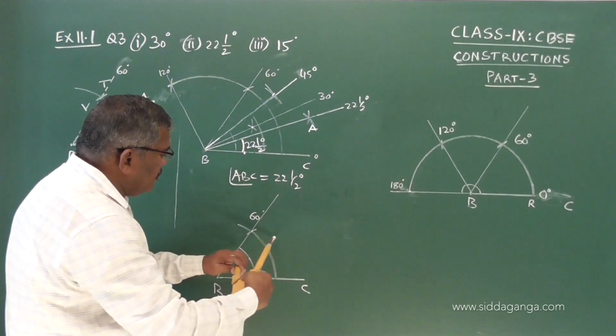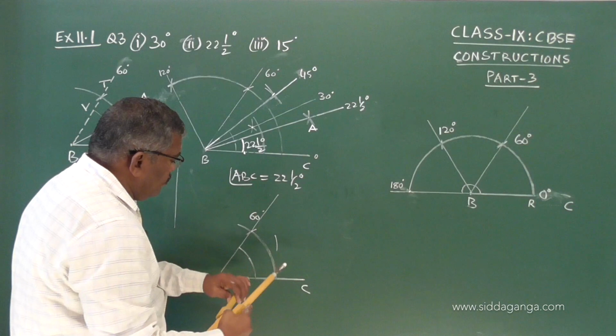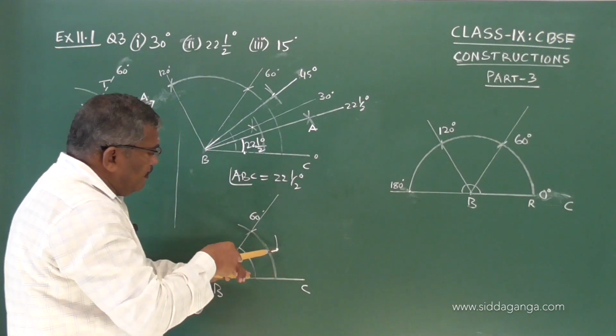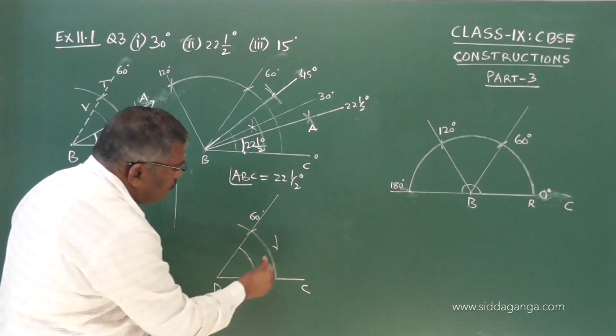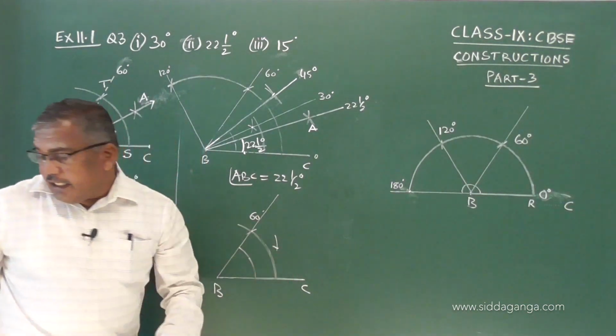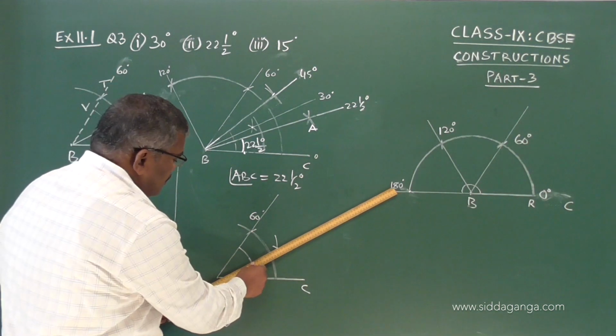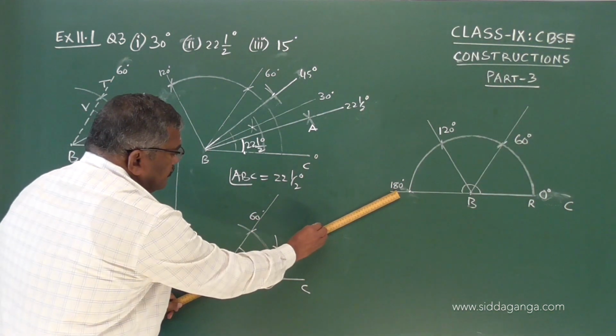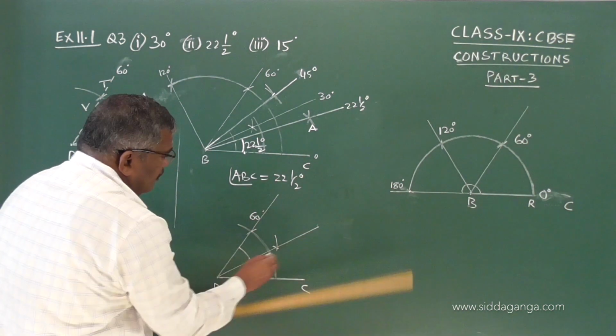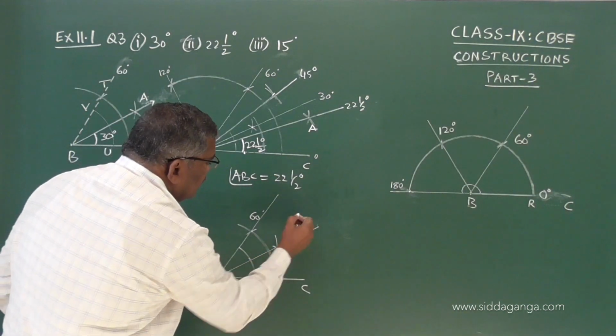From these 2 points, cut 2 arcs. Divide the angle. So, you will get a 30-degree line. So, 2 times you have to divide, that's all. So, this gave a 30-degree line.